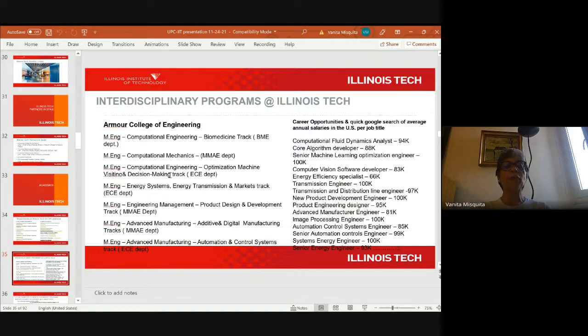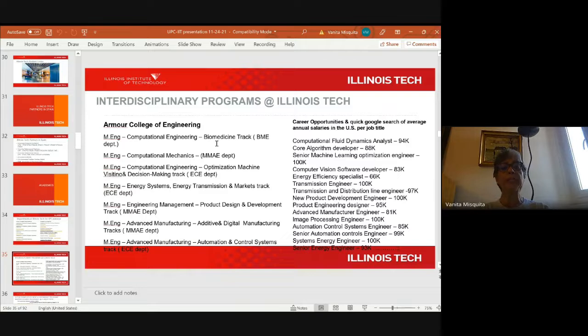If you're interested in optimization, machine vision, and decision-making track, that's managed by the Electrical and Computer Engineering Department. For those interested in manufacturing, we have advanced manufacturing, automation and control systems track, or additive manufacturing or digital manufacturing track.